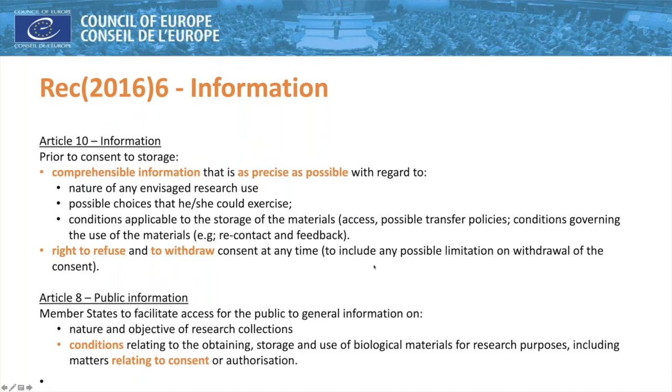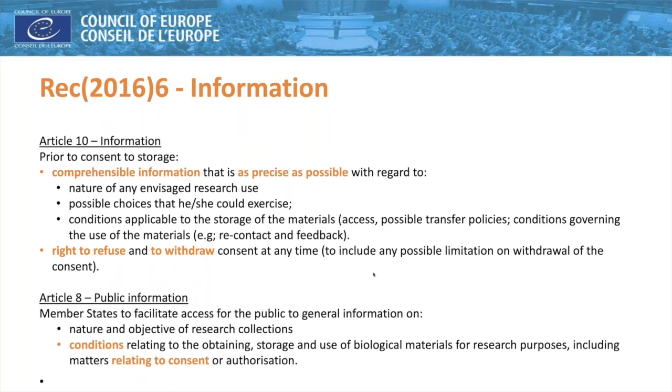You see that I listed elements such as the nature of the research use that is envisaged. Obviously, we don't know precisely the specific research projects, but we know possible research uses or fields of research projects. Also, the possibility for persons to make choices on the scope of their consent, on the type of research for which they would agree to get the material used and the ones they would disagree with.